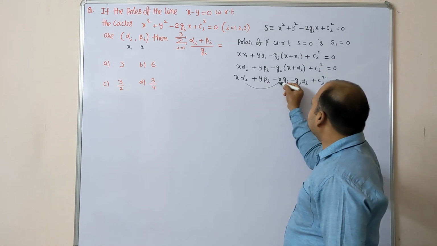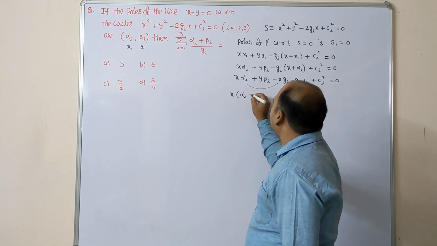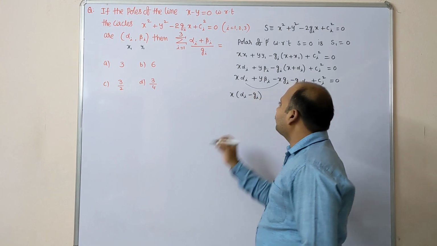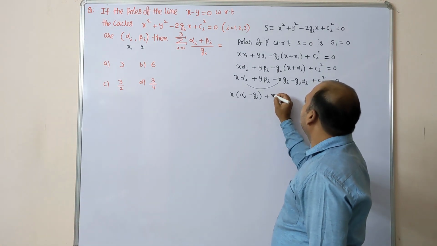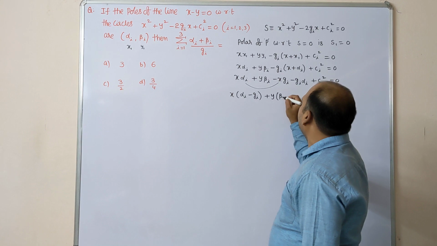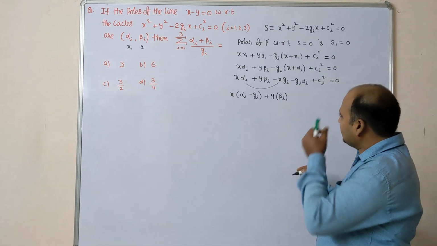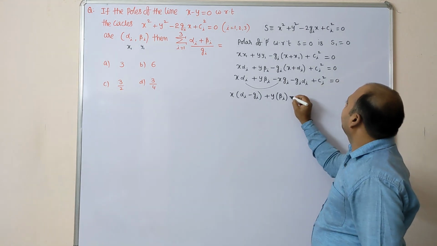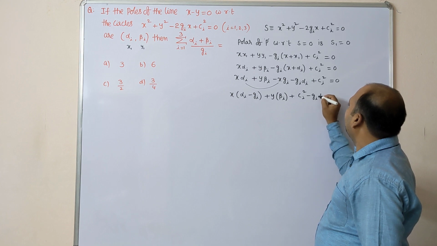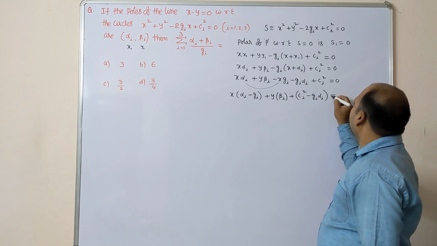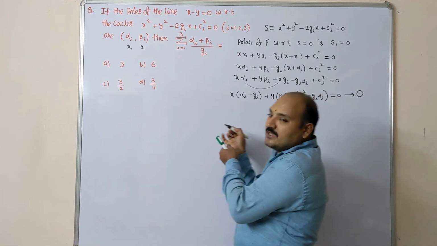From these, take x common. So x into (alpha i minus gi) plus y into beta i. The rest of the terms we can treat as constants, so plus (ci square minus gi alpha i). Equation number 1. This equation is the polar equation.